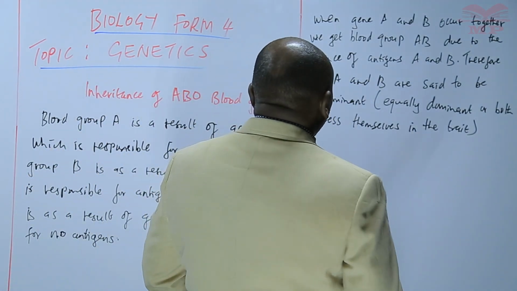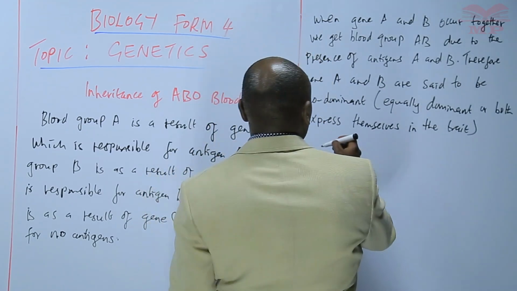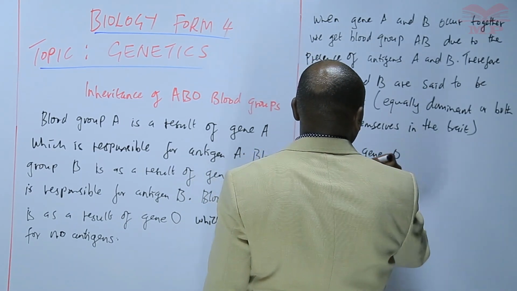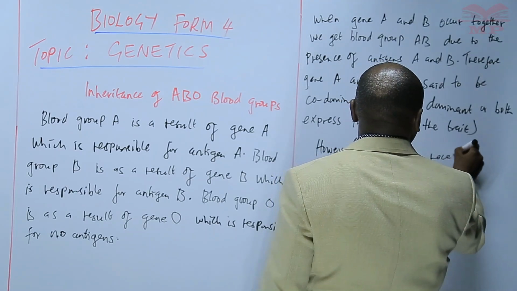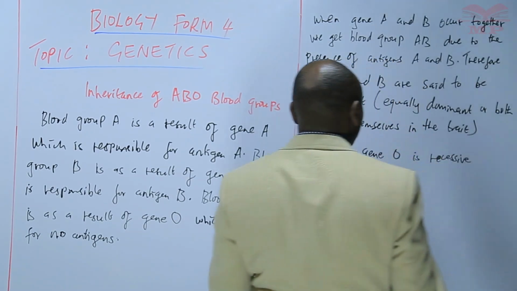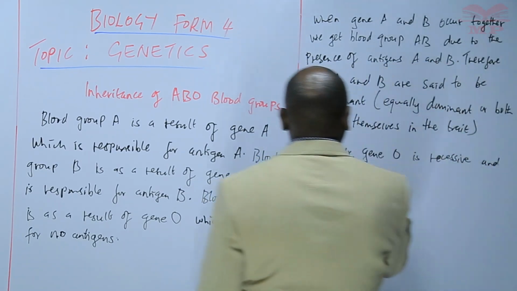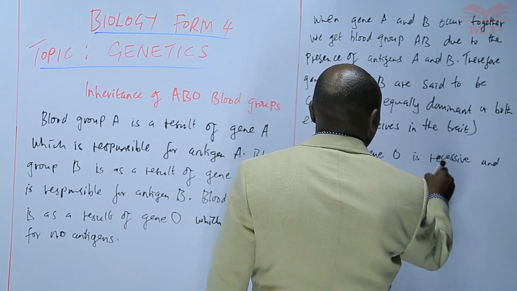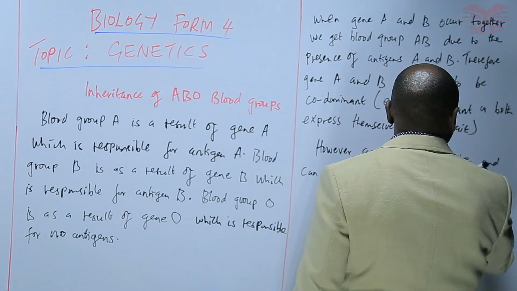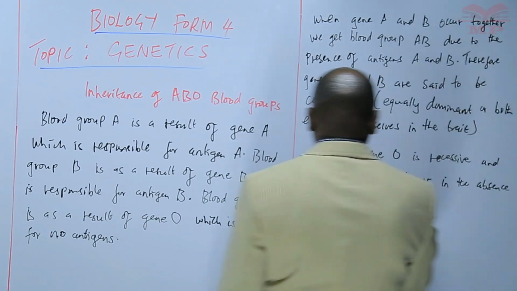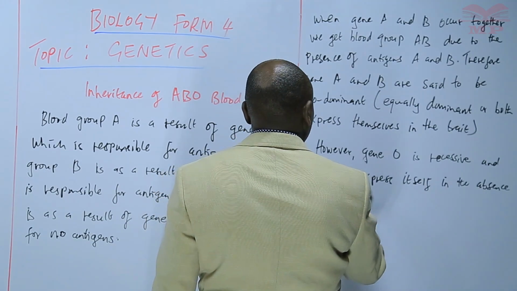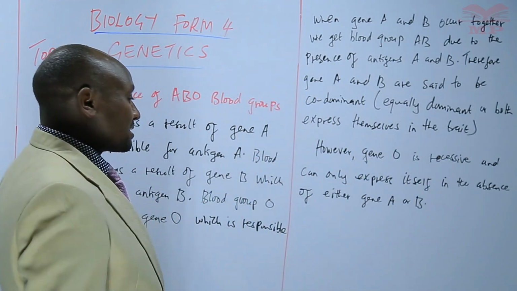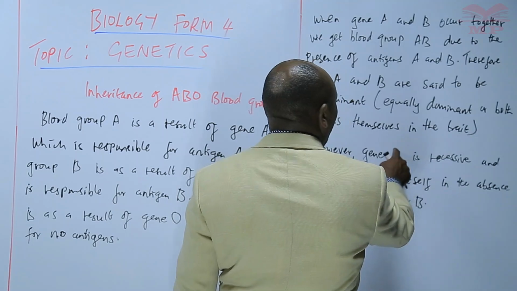Now, however, gene O is recessive. Gene O is recessive and can only express itself in the absence of either gene A or B. So the only time that O expresses itself is when A and B are absent.